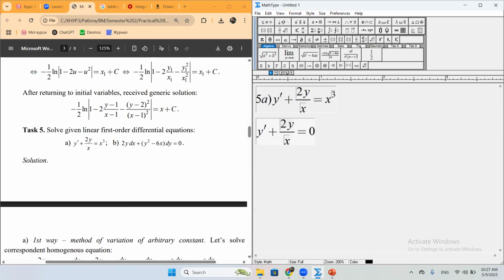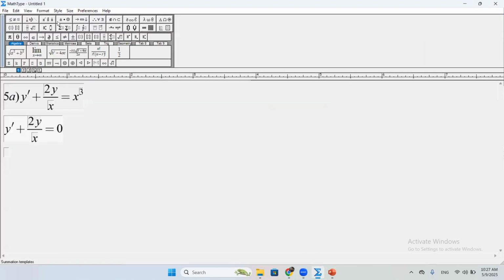So we need to solve the corresponding homogeneous equation. The linear homogeneous equation is also an equation with separable variables.